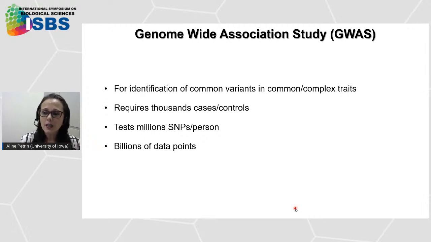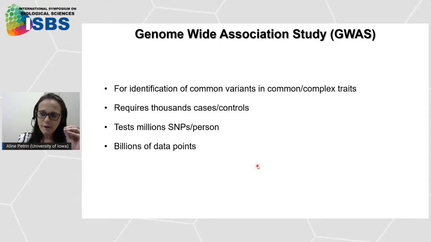But like in the case of non-syndromic clefting, it's usually the combination of many lower impact variations that increase the risk for the phenotype. And that's not only with clefting, it's with many other complex diseases.